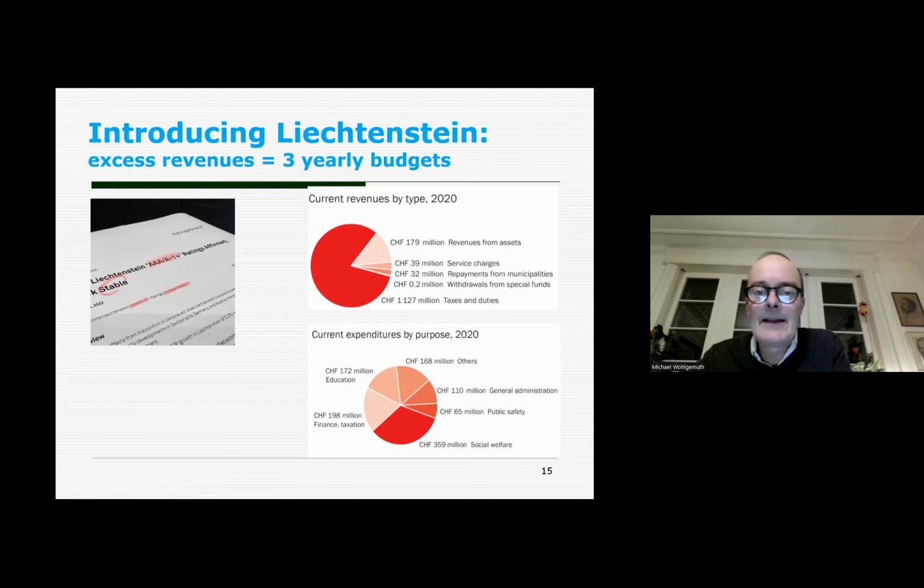fascinating, perhaps. And the budget is also an amazing thing. My last book was on the Liechtenstein budget over 100 years or so. Usually, the revenues are much higher than government expenditures, and that includes social insurance, right?